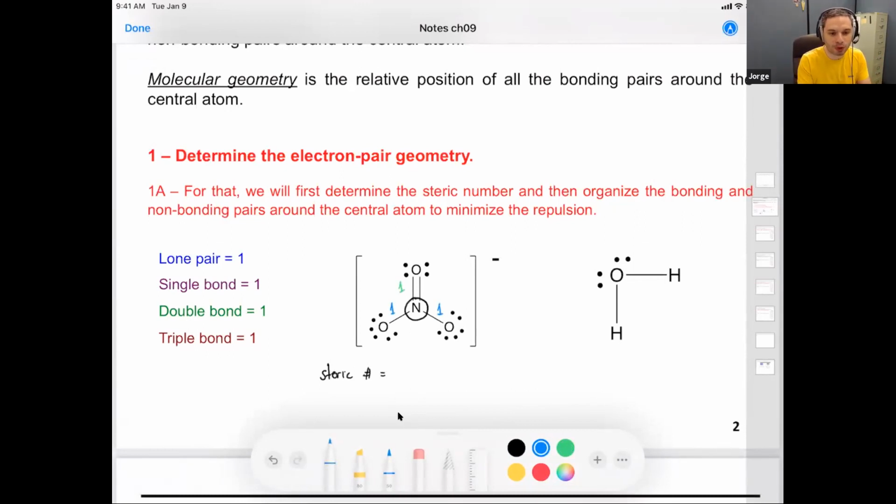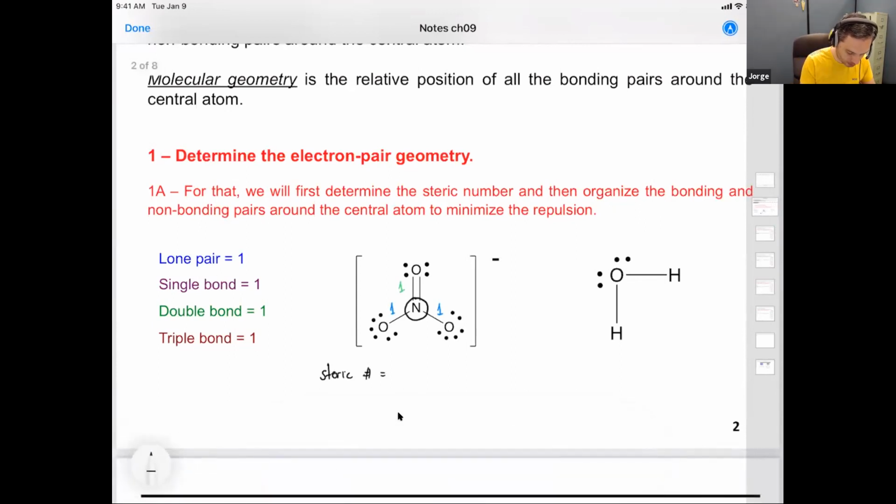In this case, we don't have any lone pair. Therefore, the steric number for the nitrate ion is going to be 1 plus 1 plus 1, which is 3.